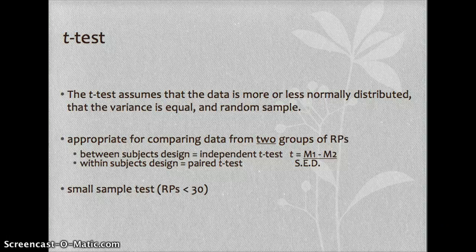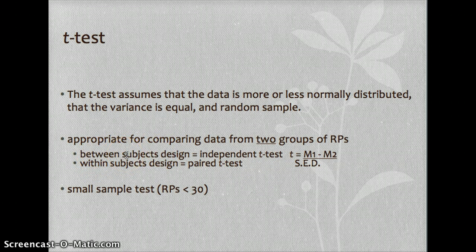Now there's two different types of t-test. There's a between subjects design t-test, and it's also called an independent t-test. And then there's a within subjects design, and that's called a paired t-test. So an independent t-test is when you're looking at between subjects.